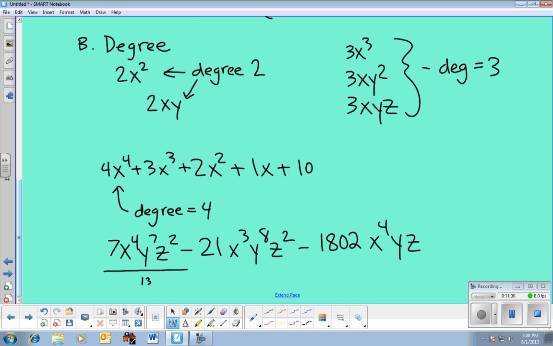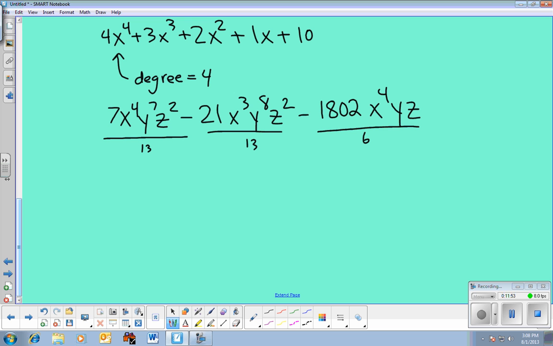This has 13. Here we have another 13. I mean, for that to happen, but that's okay. And here we have 6. A lot of people will say 4 for that last one, but the single instance of the y and the z do count toward the degree. So what's the degree of this polynomial? 13. This is a 13th degree trinomial.